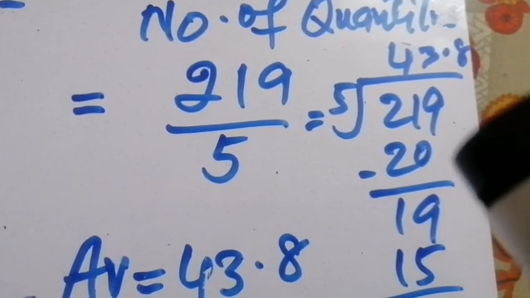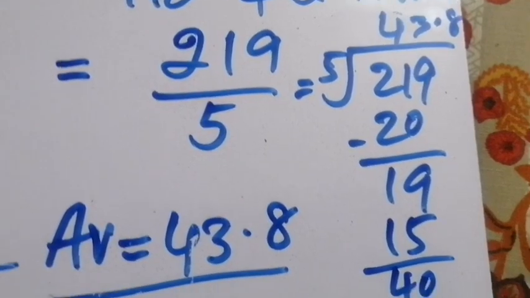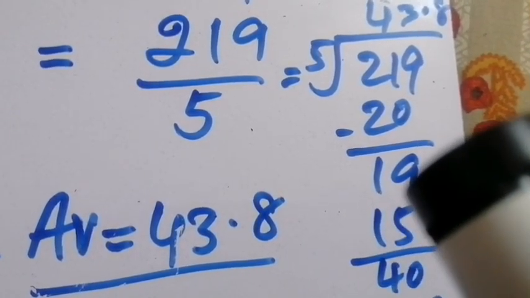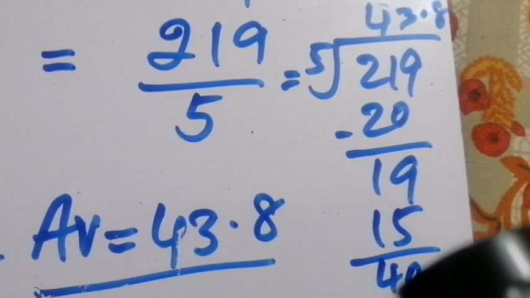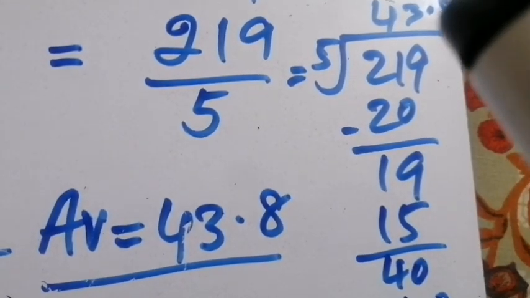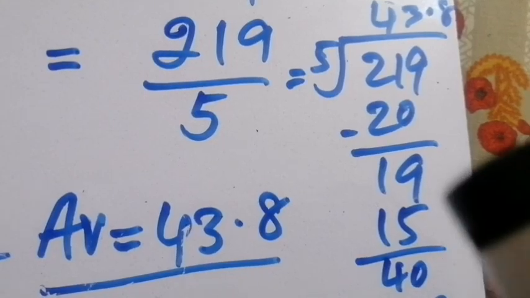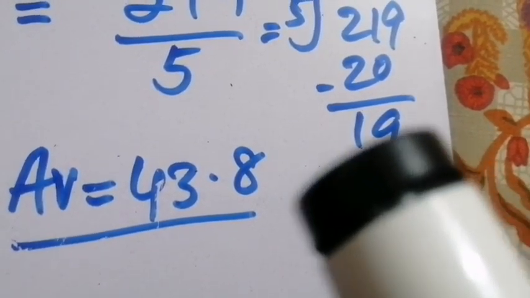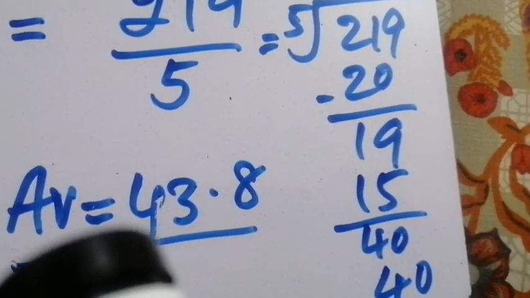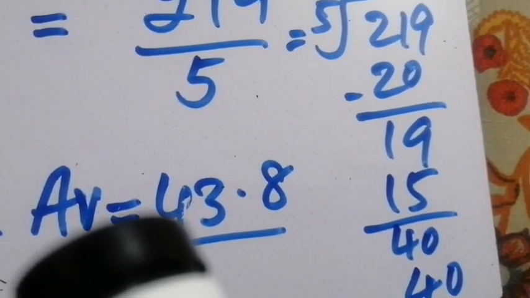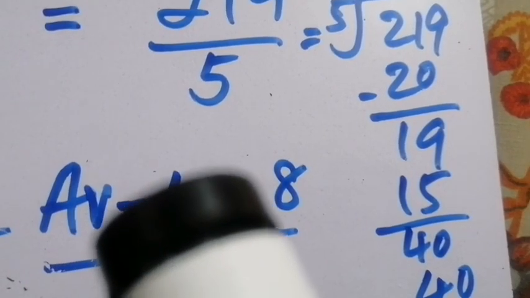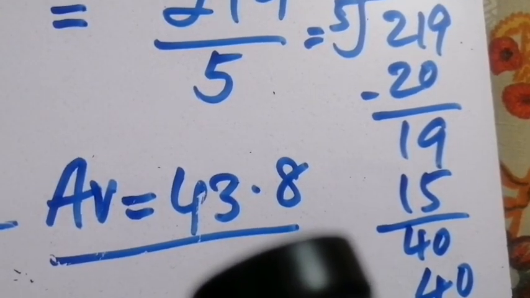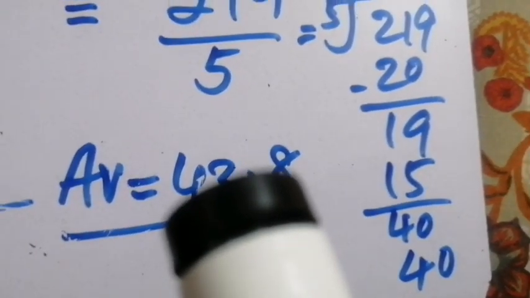It will become 19. 5 3s are 15, and when we subtract, 19 minus 15 is 4. Then we place a point here, and 0 will come here, and 5 8s are 40. So 43.8 is our answer. Our average value, of the 5 quantities which are given, is 43.8.